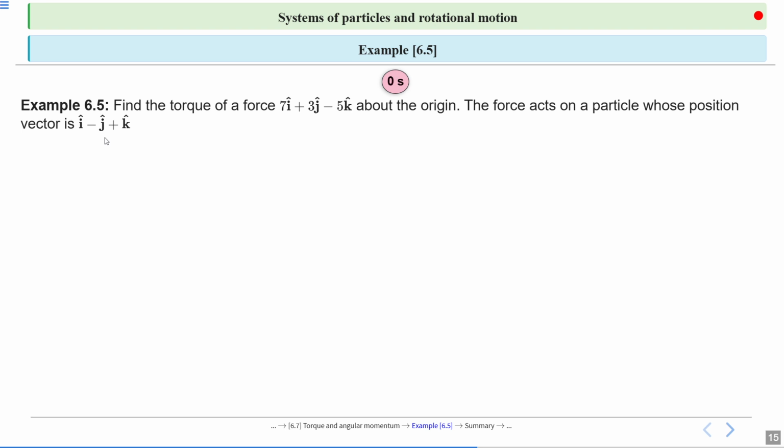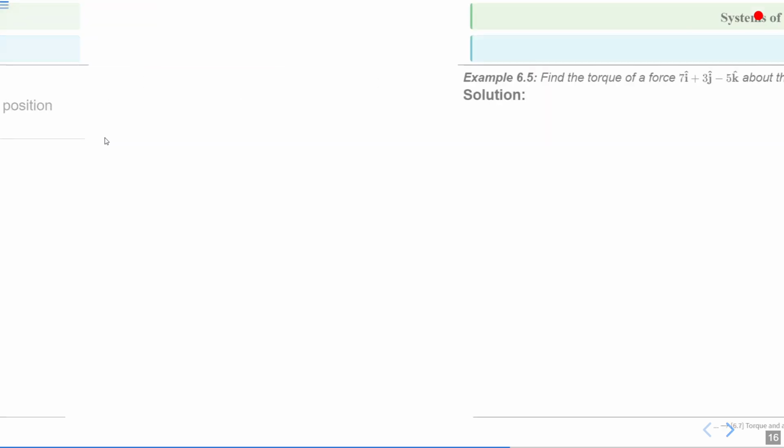So here we have to find out the torque. We know the formula of torque, tau equal to r cross F, where r is the position vector and F is the force.